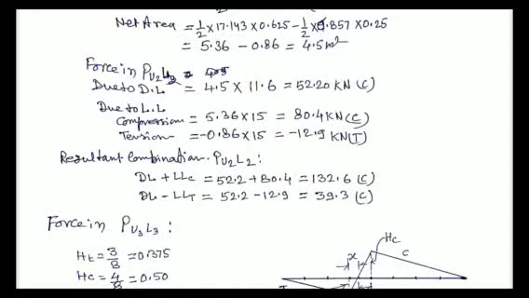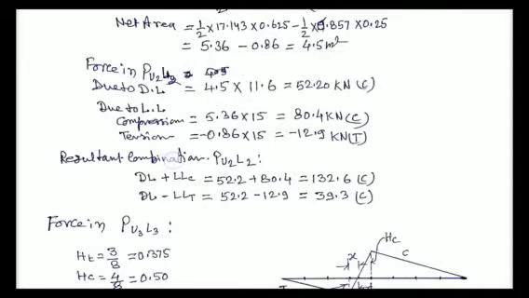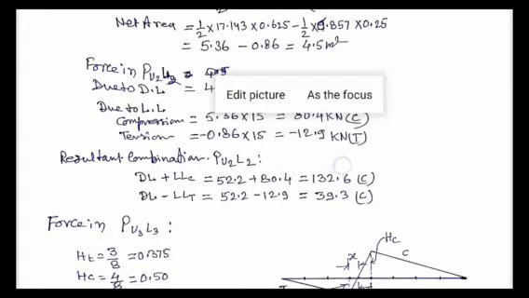And due to live load, the compression area will be 5.36 into live load 15 kilonewton. So it comes out to be 80.4 kilonewton, which is of compressive nature. And in the tensile zone, minus 0.86, the area of the triangle, multiplied by 15 kilonewton, comes out to be minus 12.9 kilonewton.